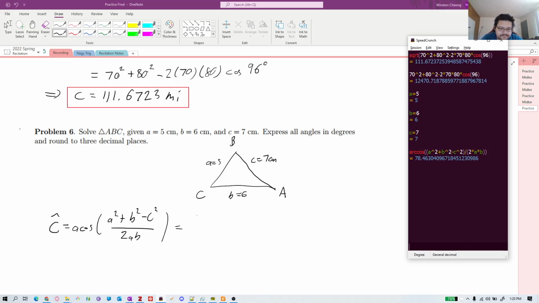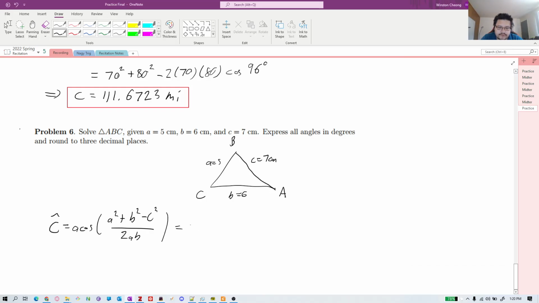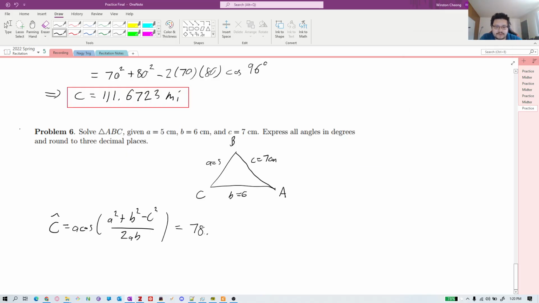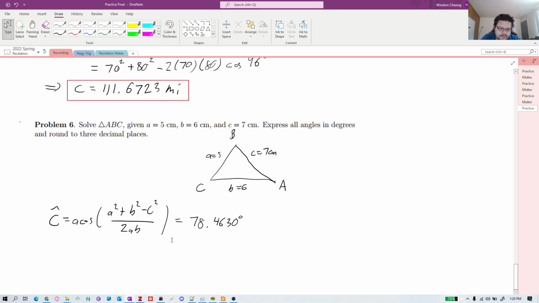And you end up getting this. Okay, so this is 78 point something, 4630. And this was in degrees because my calculator is in degree mode. I can go ahead and calculate B hat, again with cosine, and then we just permute the variables around.